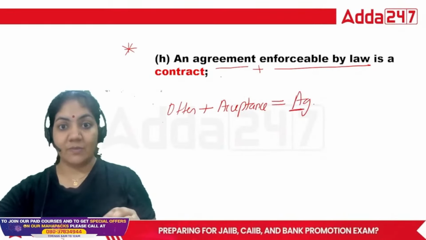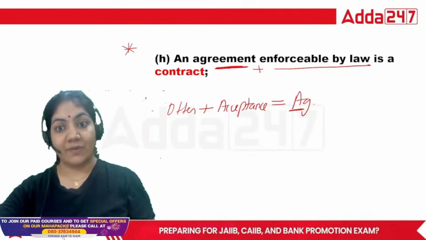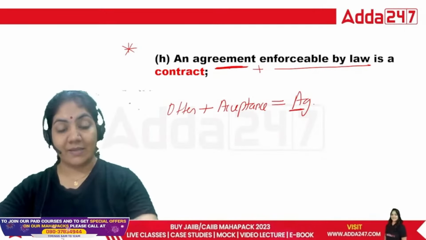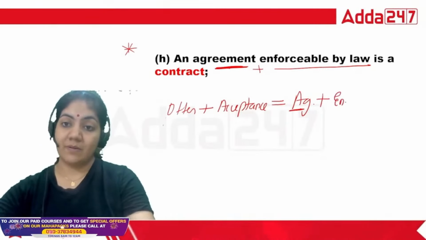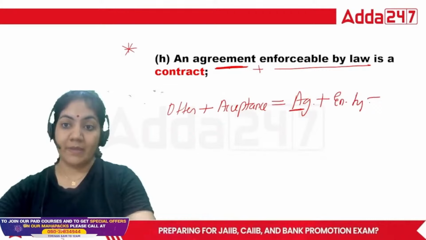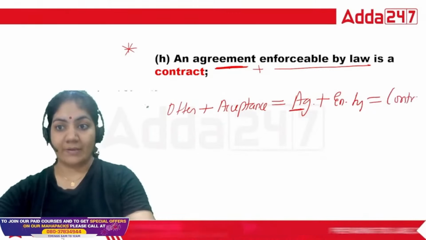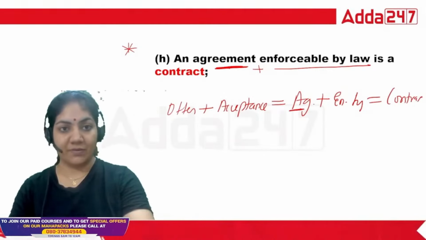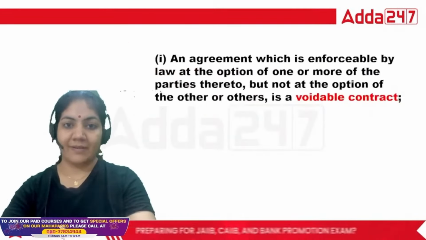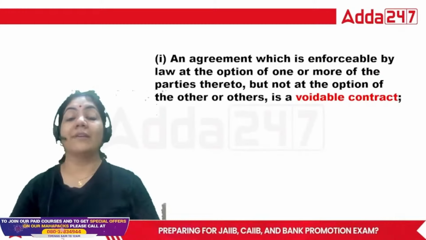So understand this is offer plus acceptance, and when enforceable by law, it is equal to contract. So this is the best example to understand the definition of the term contract. Right, guys? Now, what is voidable contract?